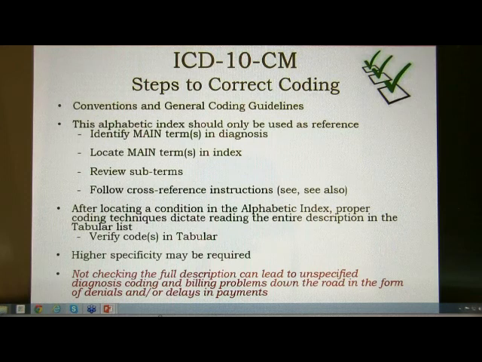It'll ask if it's displaced or not displaced. It'll ask if it's the right or the left femur. It may ask how the injury happened. And all of those questions and answers, when answered, will lead the system to pick the most specific diagnosis code it can, rather than just a generic femur fracture that may be unspecified or may not be at a specificity level that our payers are requiring.